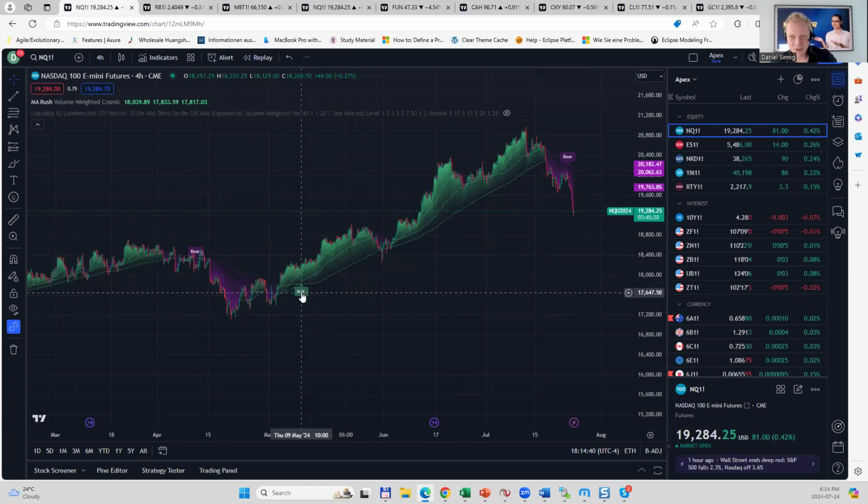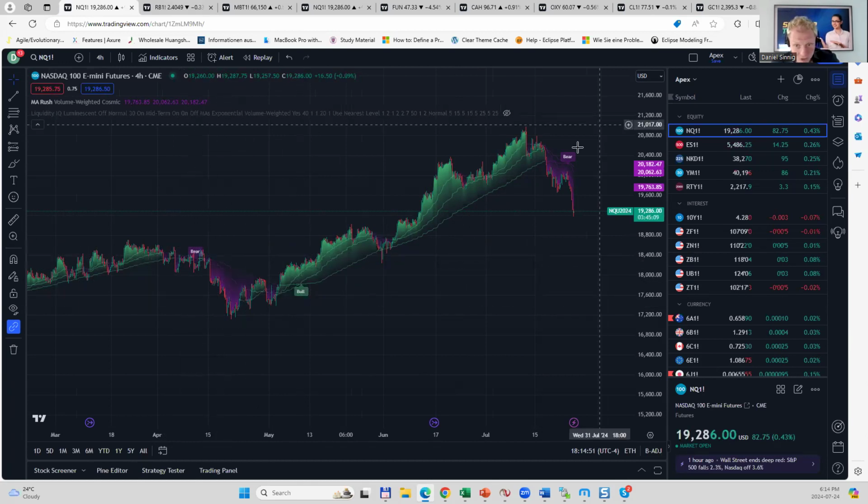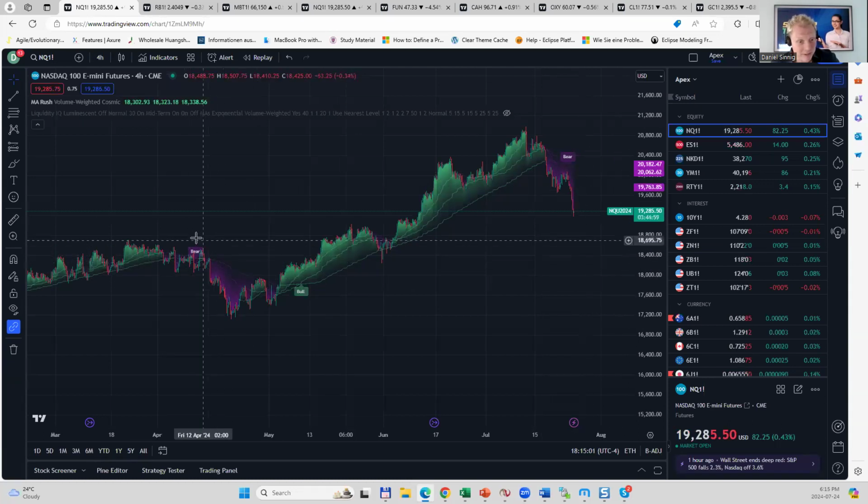So if history repeats itself, but of course, we all know that historical data is not necessarily indicative of the future, but if history repeats itself, we may see a bit of a longer bearish move. This is not just a bit of a correction. This may actually continue a bit longer before the bulls take over, because this indicator is quite selective in its signals. They don't alternate too often, as you can see here.